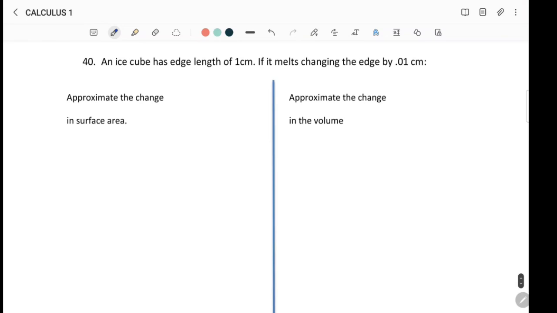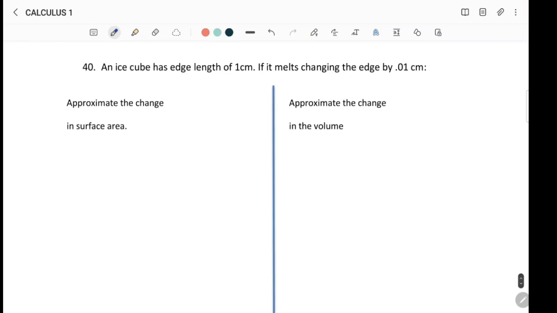Now question number 40. An ice cube has an edge length of 1 centimeter. If it melts, changing the edge by 0.01 centimeter. So guys, x is 1 and delta x is 0.01. Find the approximate change in area and approximate change in volume.